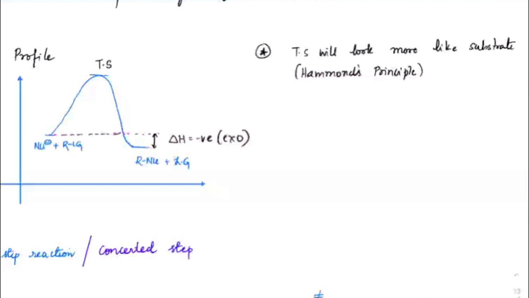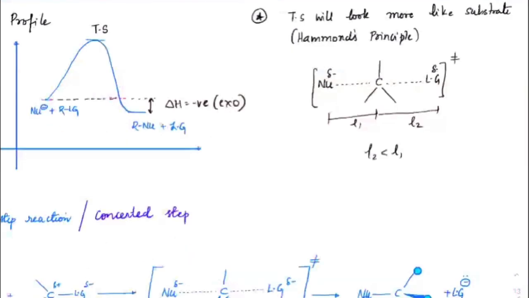So if you consider this length L1 at the time of the transition state and this L2, we will find L2 is less than L1. Because the transition state would have more features of the reactant, and in the reactant there is already a bond, right? The substrate already has a bond with the leaving group. So that bond length would be smaller as compared to the bond length that is forming with the nucleophile.